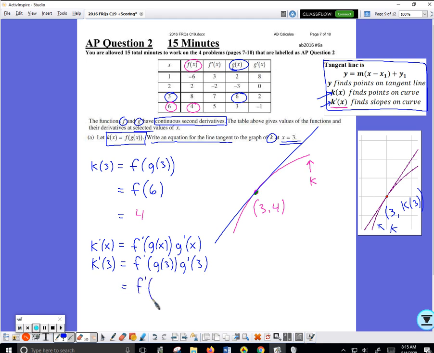So we already figured out that g, when x is 3, has a value of 6. G prime of 3, so g prime when x is 3 has a value of 2.